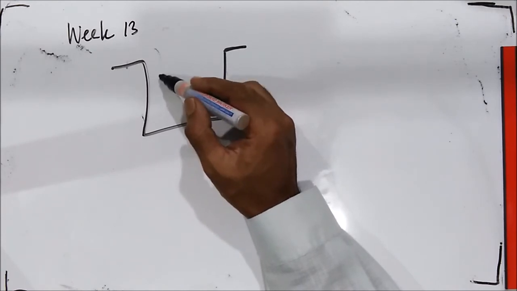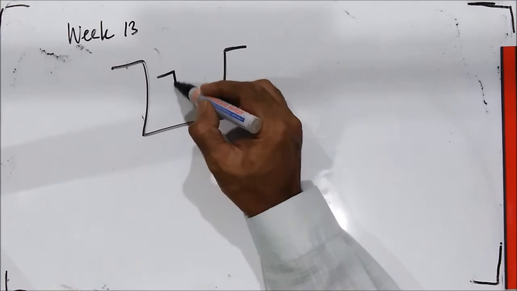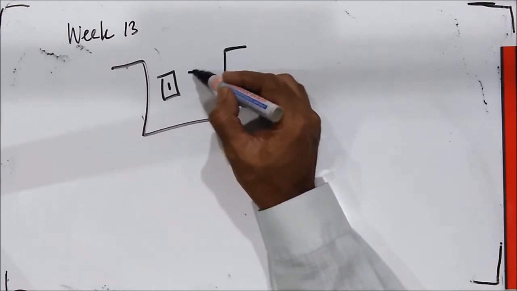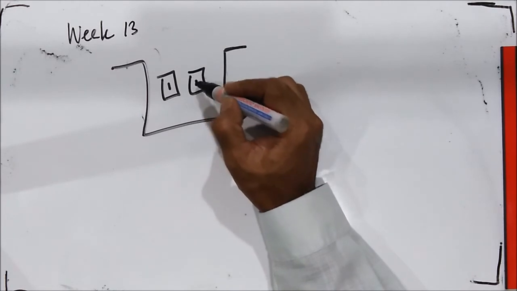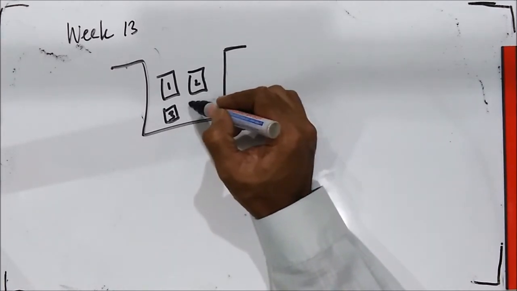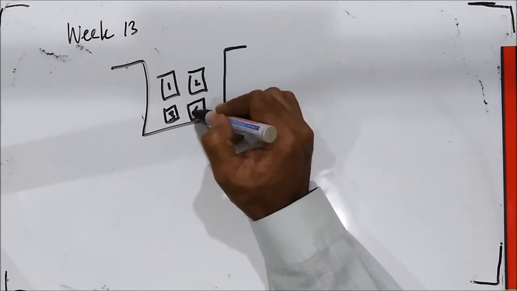So this card is a card of black color, number 1, a card of number 2, a card of number 3, and a card of number 4.